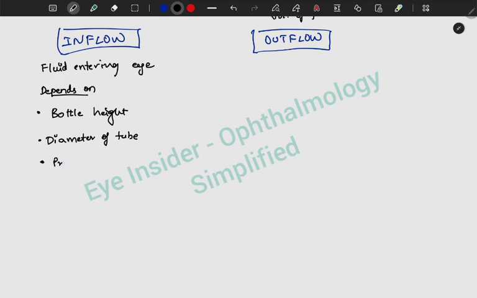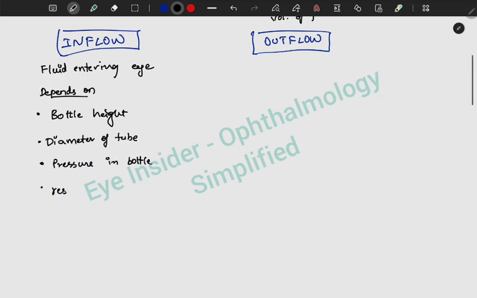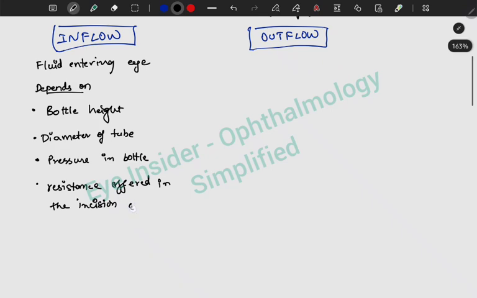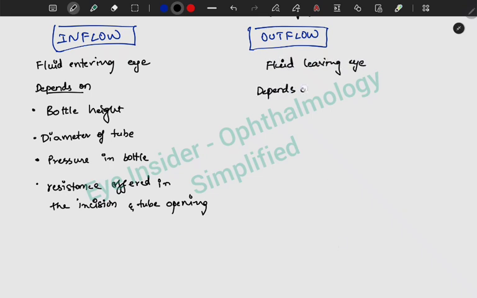So inflow and outflow, that is irrigation and aspiration tubings, pressure inside the bottles, that is the volume of the fluid in the bottle, and the resistance offered in the incision as well as the openings at the tubings. If there is some lens matter left in the tube, it can offer resistance. Whereas the outflow depends upon the vacuum levels, aspiration flow rate, and wound leak.